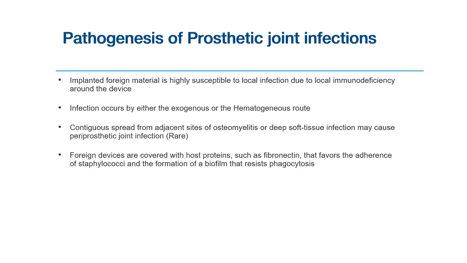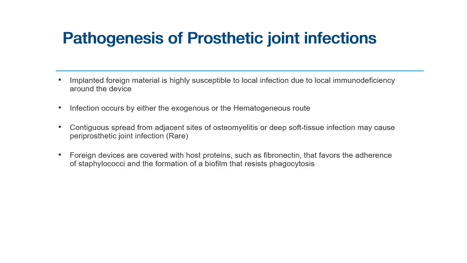Concerning the pathogenesis of prosthetic joint infections, the implanted foreign material or prosthesis is highly susceptible to infection because it is a foreign body with local immunodeficiency around it. The infection may occur at the time of implantation or later by hematogenous route.